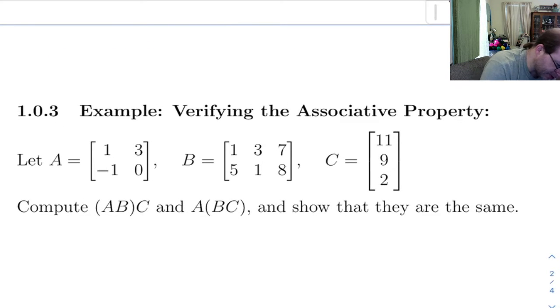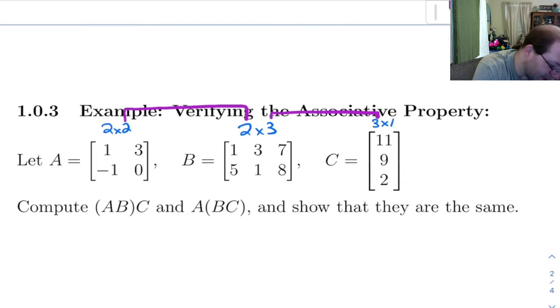If you look at the sizes, A is a 2 by 2. B has 2 rows and 3 columns, so 2 by 3. Then C has 3 rows by 1 column. So is it possible to multiply these out? Yes, because the inner numbers are the same.